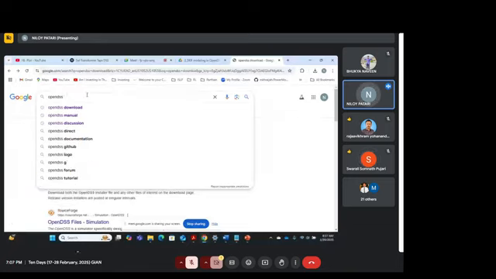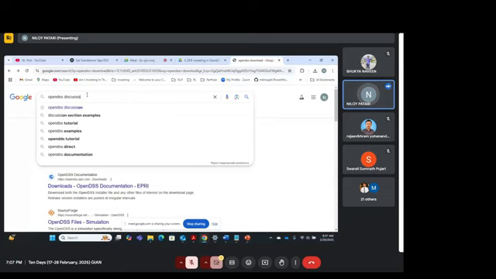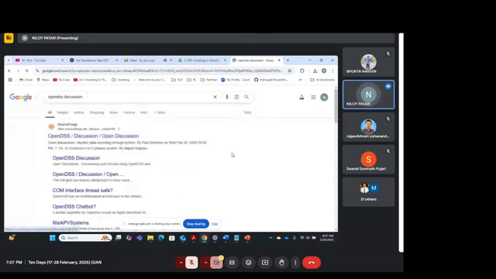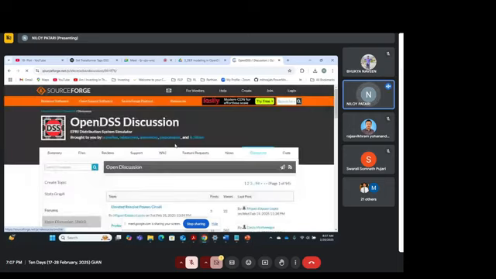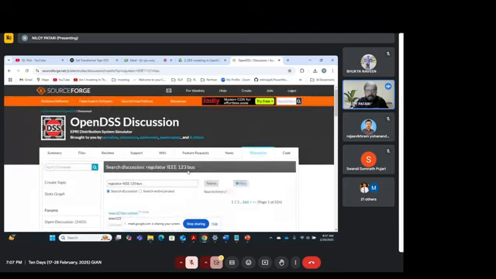Okay. So basically here you can write just OpenDSS discussion, and then it sends you to this page in SourceForge where you can look into. If you have any question on any topic, you can just search, like regulator or IEEE 123 bus, search it here, and then you can find a lot of threads.